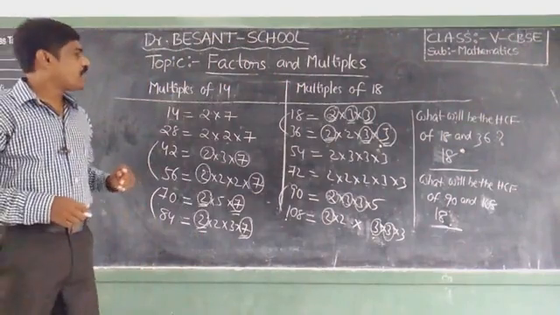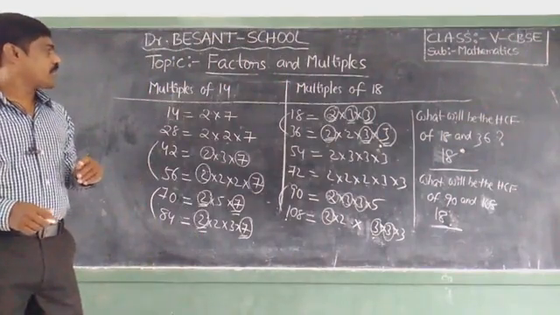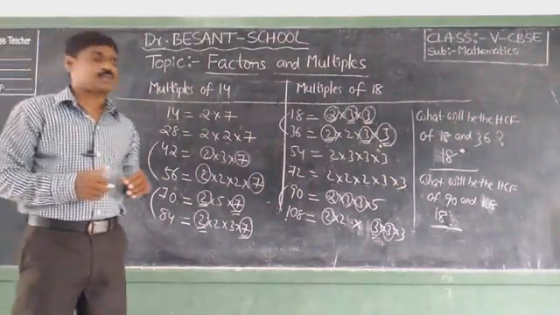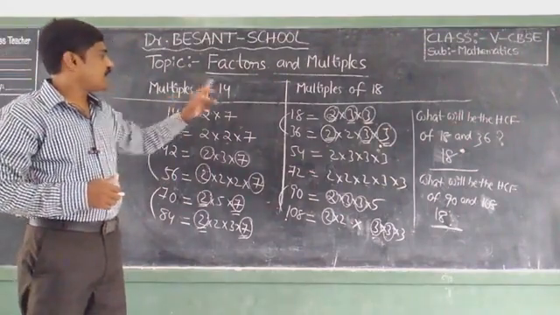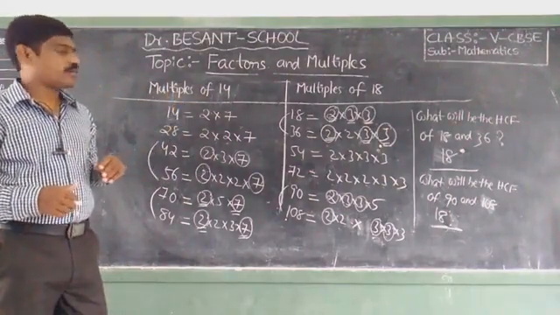This is the way we have to find out, by using multiples. Multiples of 14 and multiples of 18. Okay, children.